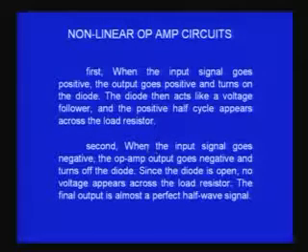But when the input signal goes negative, the op amp output also goes negative and turns off the diode, because there is not enough voltage to forward bias the diode. Since the diode is reverse biased or open, no voltage appears across the load resistor, and the final output is almost a perfect half wave signal, because 7 microvolt is the only difference.